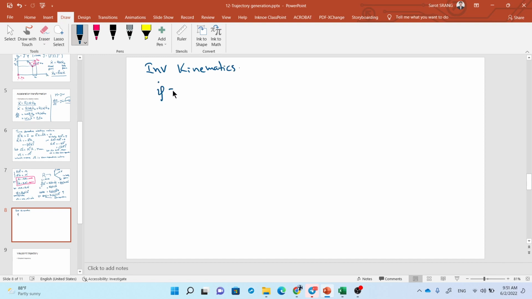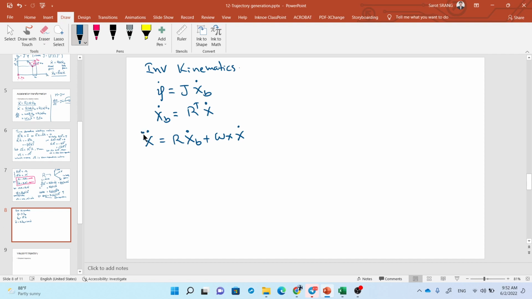We have phi dot equal to J times h dot, and we have hb dot equal to R transpose h dot, right? And we have the relationship between accelerations, this one equal to R times hb dot and then plus omega cross h dot, okay.